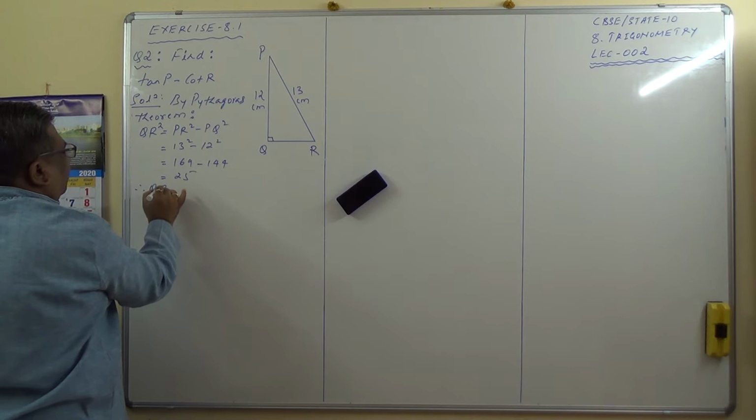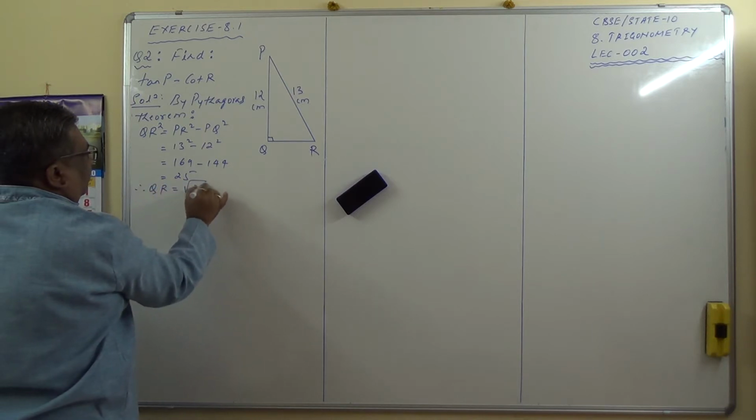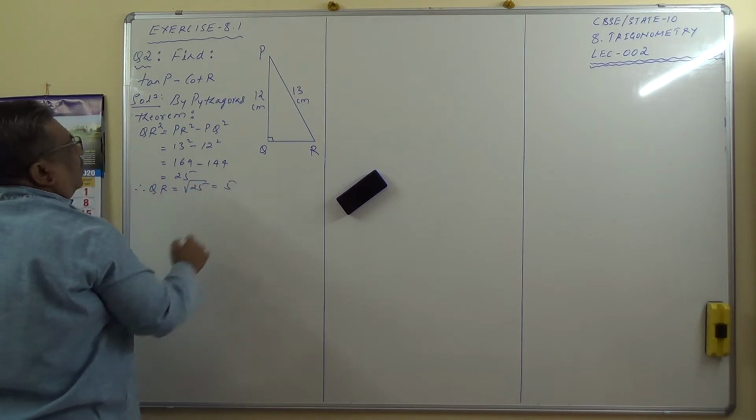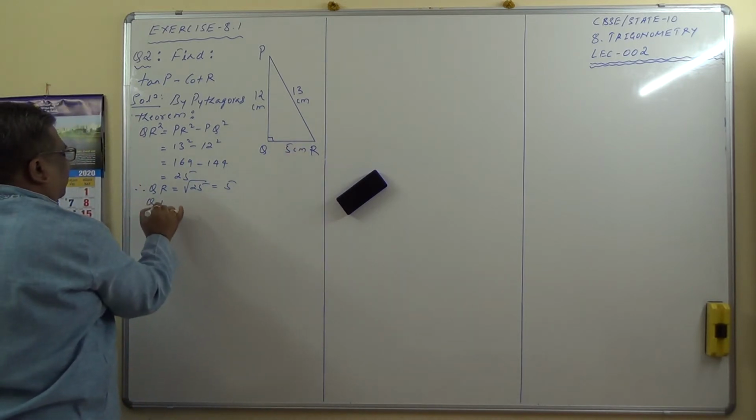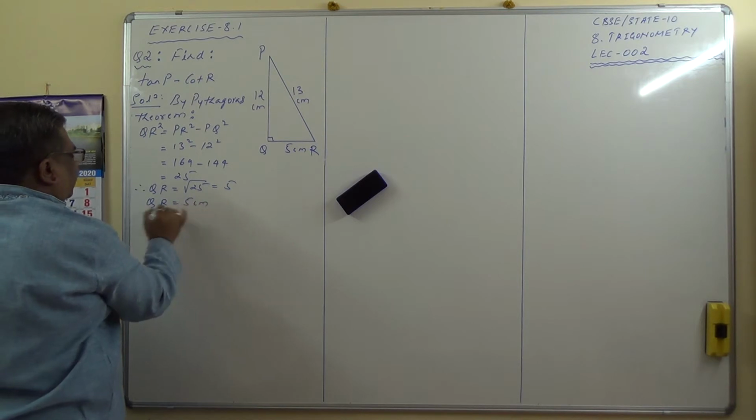Therefore QR equals under root of 25, which is 5. Hence QR equals 5 centimeter. We found QR equals 5 centimeter.